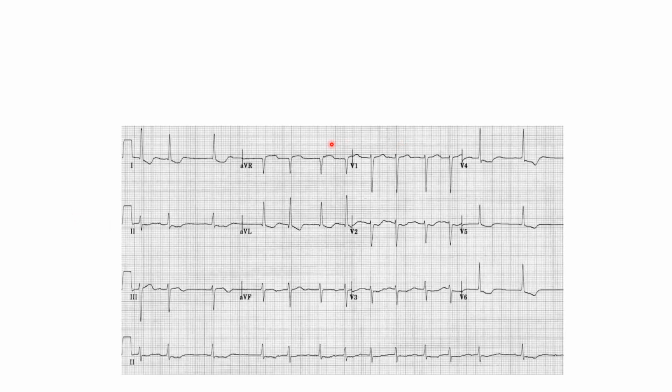Okay, so here we have an ECG in an elderly lady with atrial fibrillation that comes in having thrown up for a couple of days, and she's a little bit tachycardic, but the main thing here to look at is these sloping, kind of down and up ST segments.